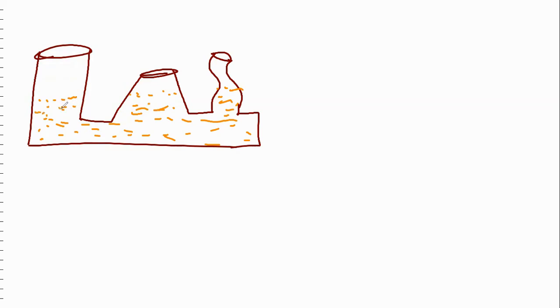Up to the same level the rise of liquid will be there. If the bottom is the same for all of them, the liquid rise will be the same. So based on this, the height is taken as h. For this also the height of the liquid is h, and for this also h. At all 3 points, the pressure will be the same.